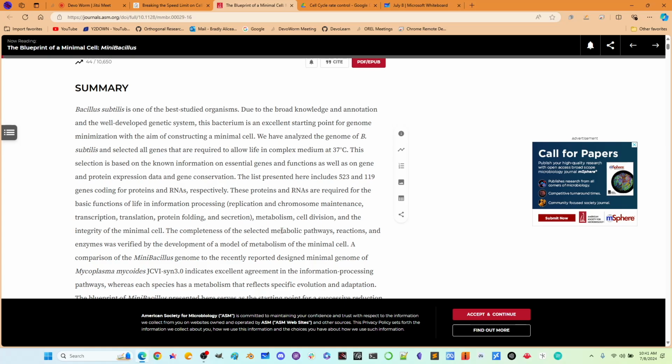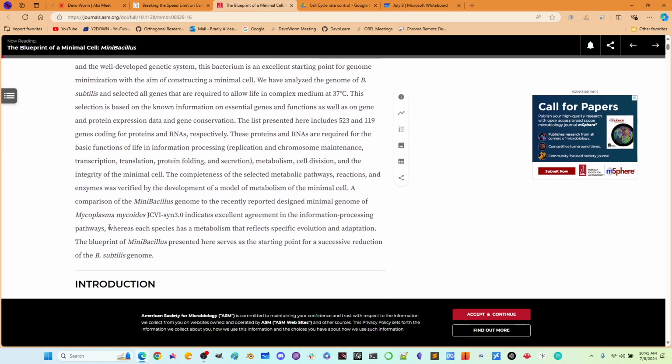The completeness of the selected metabolic pathways, reactions, and enzymes was verified by the development of a model of metabolism in the minimal cell. A comparison of mini bacillus genome to the recently reported designed minimal genome of Mycoplasma mycoides, which is the GCVI SYN 3.0, indicates excellent agreement in the information processing pathways, whereas each species has a metabolism that reflects specific evolution and adaptation.